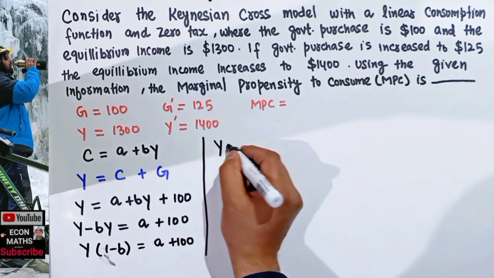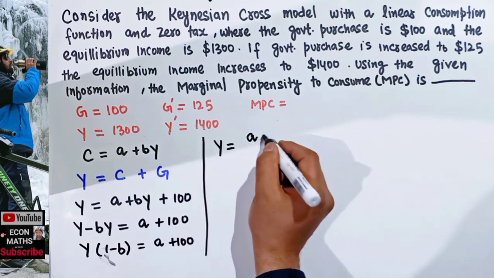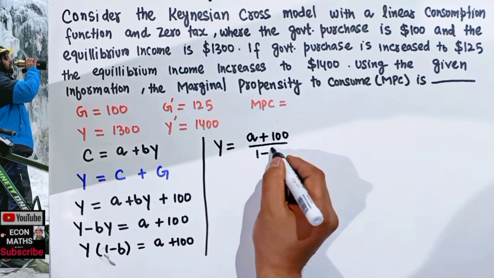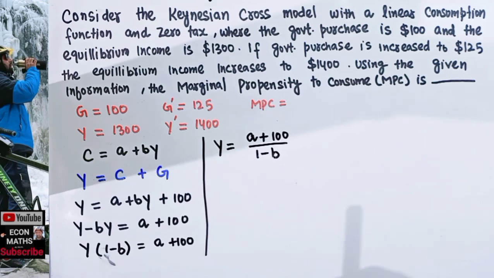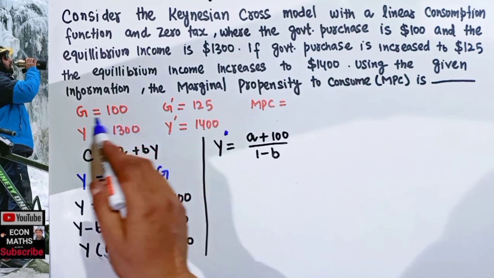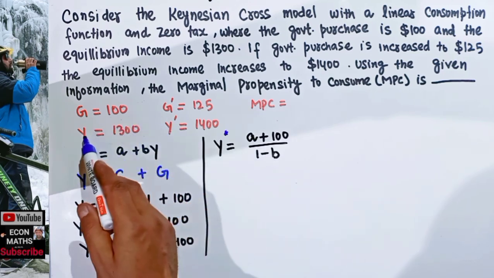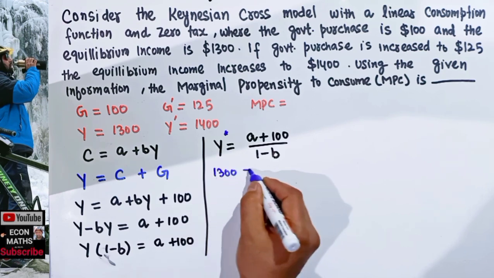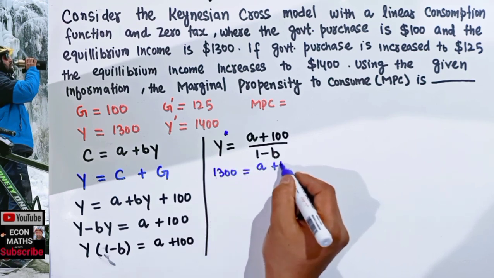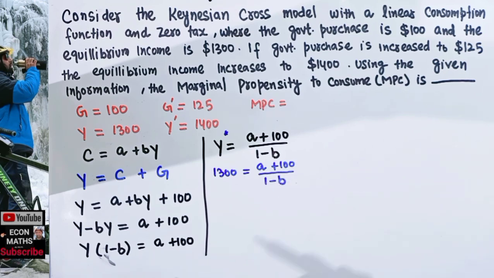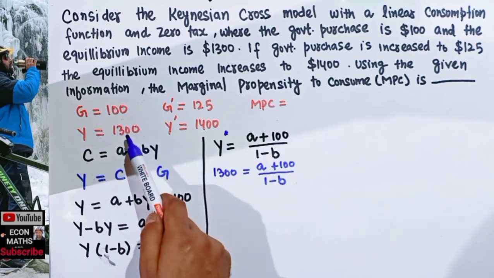Or our Y is equal to A plus 100 divided by 1 minus MPC, which is denoted by B. So this is our initial equilibrium. That means in place of Y we have 1300 is equal to A plus 100 divided by 1 minus B. Okay, simple thing. Initially government expenditure is 100, equilibrium level of income is 1300.